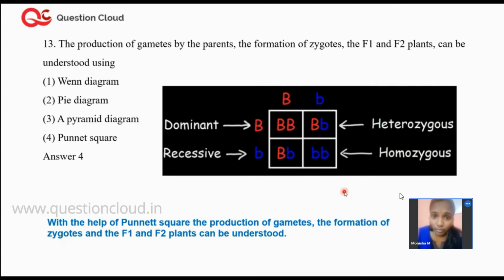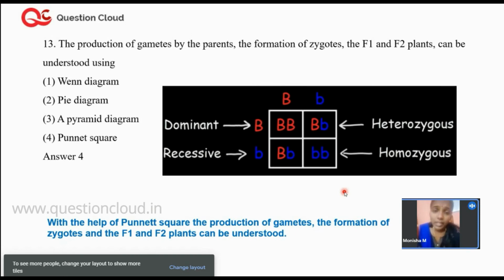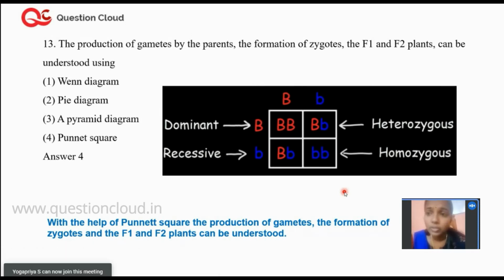Law of dominance, segregation and law of independent assortment. Right. So in order to understand genetics, geneticists use a representation called a Punnett Square. This Punnett Square is also called the checker box.